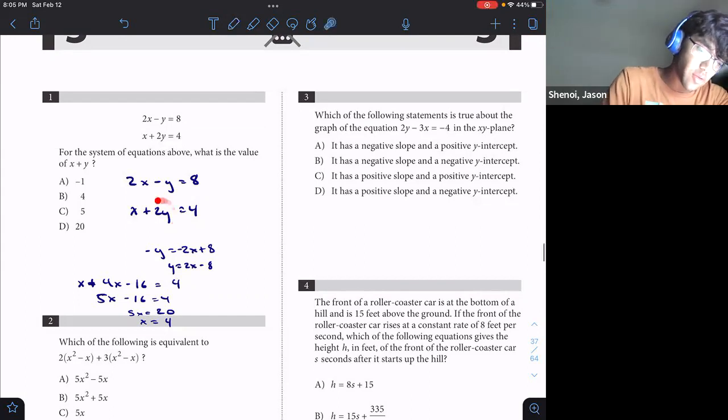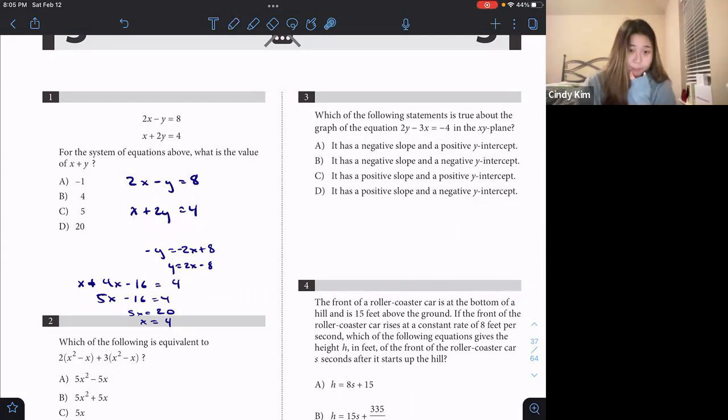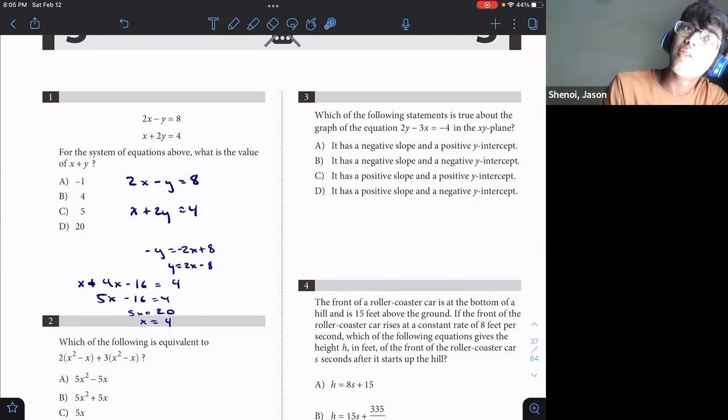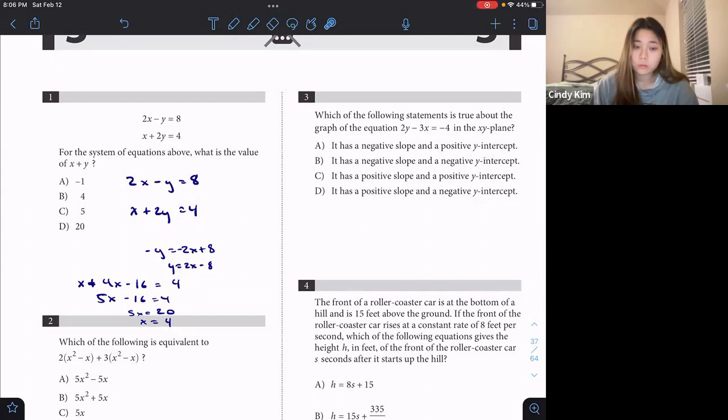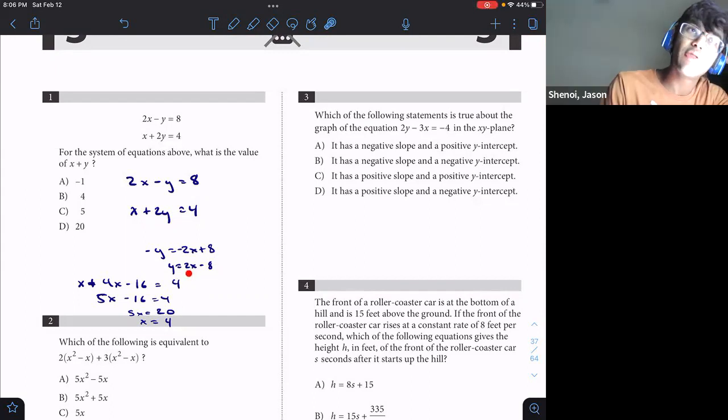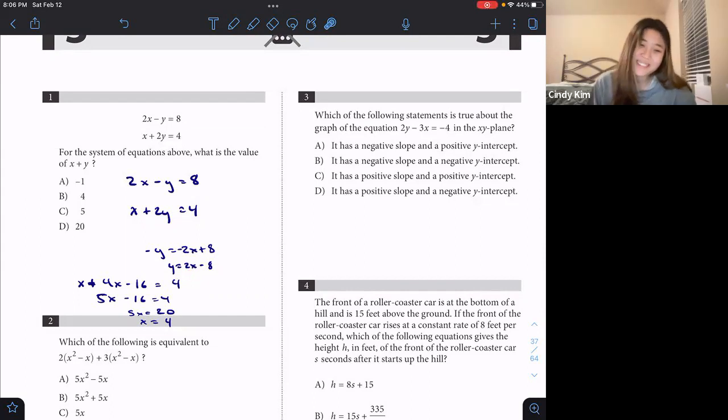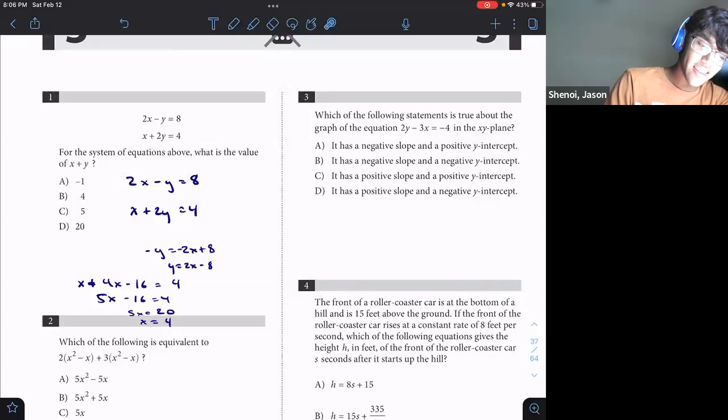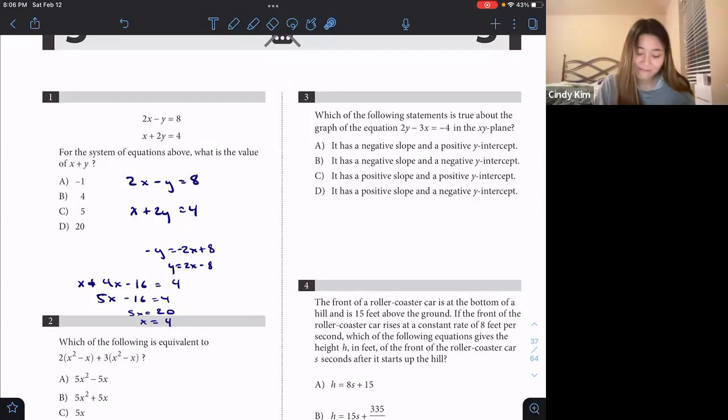See how it says 2y? Which means you have to multiply this whole thing by 2. So when you multiply that whole thing by 2, 2 times 2x is? 4. There you go. Wait, I want to write it down.